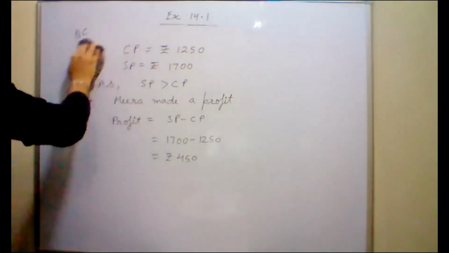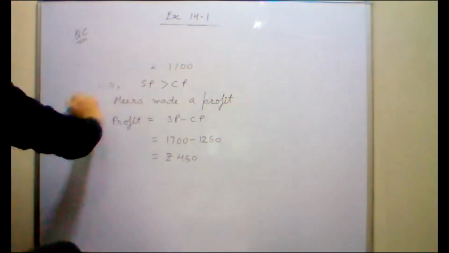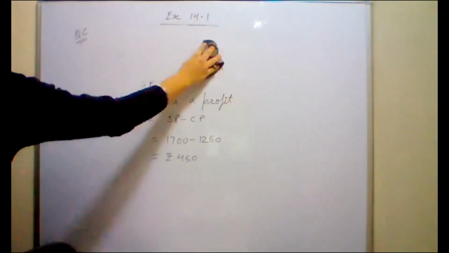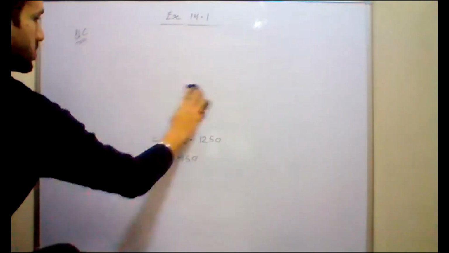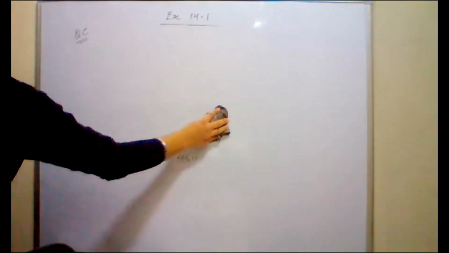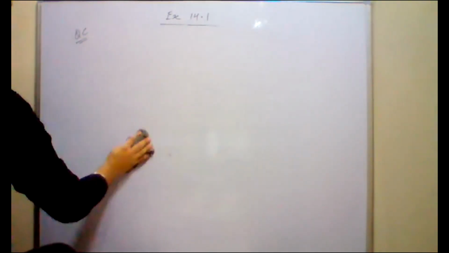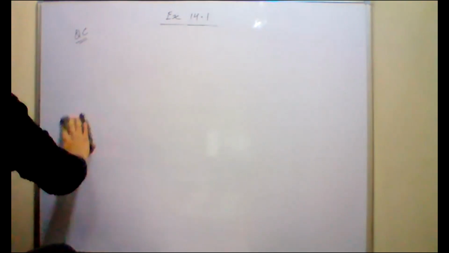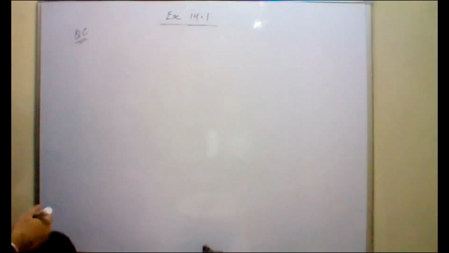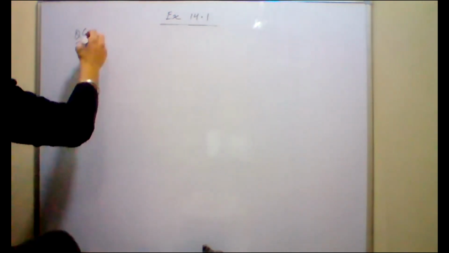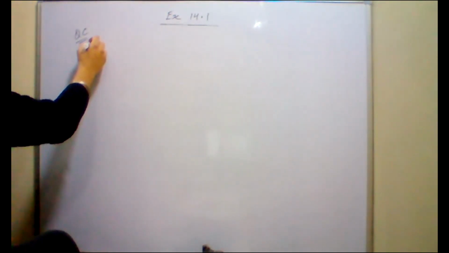Okay, I'm doing the third one now on the board. Sir, my third one answer is coming rupees 445. Okay, let me see. I will do it on the board. I think it is correct. Sir, my answer is also coming 445. Okay, maybe it's correct.